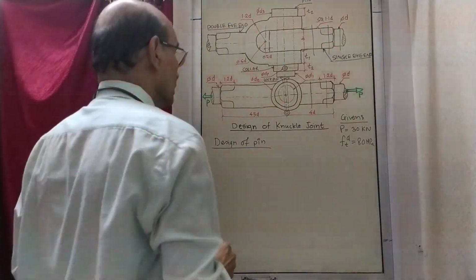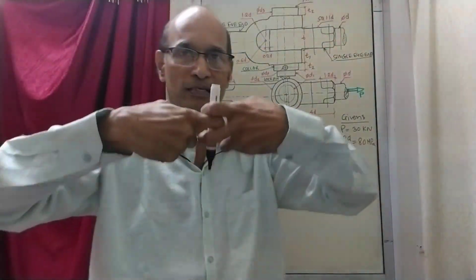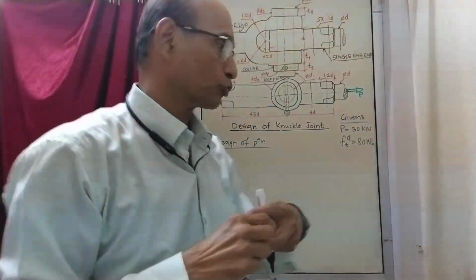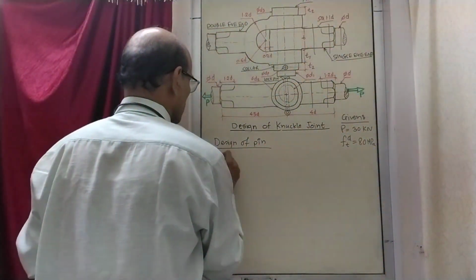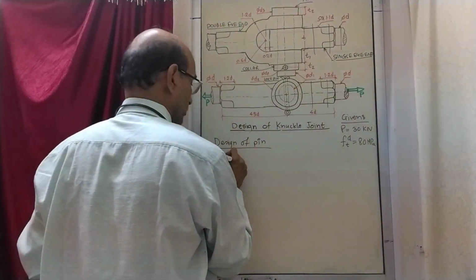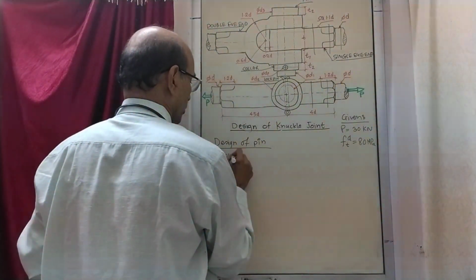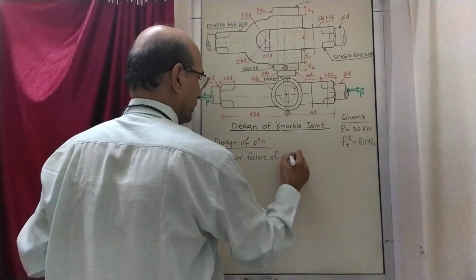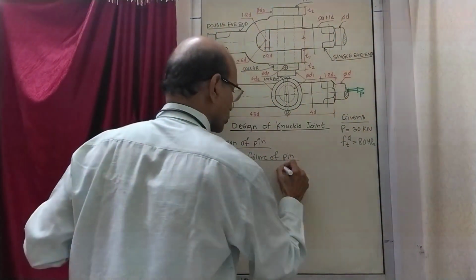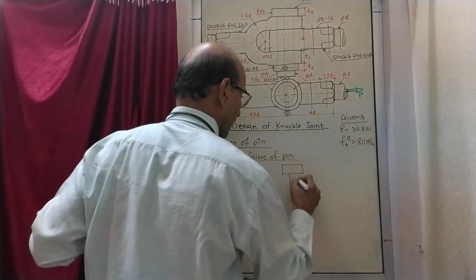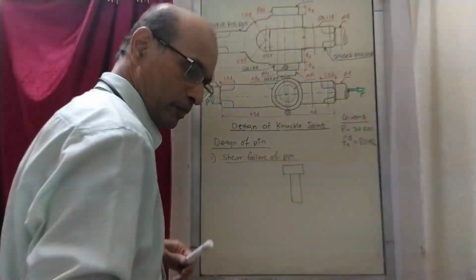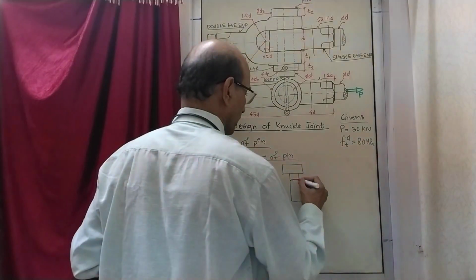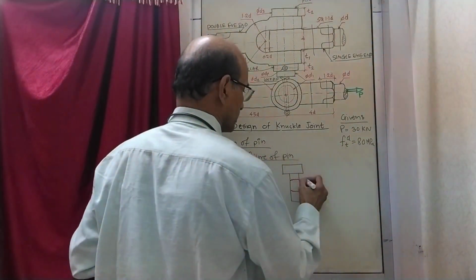This pin, if you see it like this, is going to fail by shear at these two places. So that is the shear failure of the pin. The sketch could look something like this. It will fail from here and here, and this is the diameter d1.